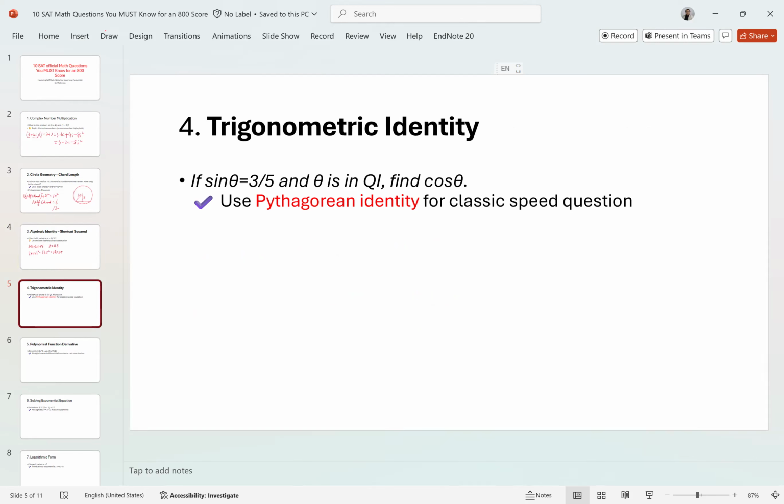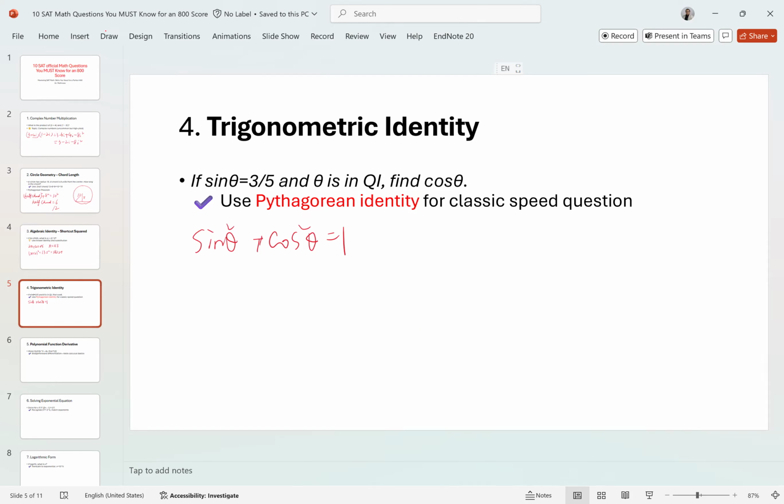And for the fourth question, which is related to the trigonometric identity: if sine theta is 3 divided by 5 and theta is in the first quadrant, then what's the value of cosine theta? So we would use a Pythagorean identity for the classic question like this, right? So we know the equation sine theta squared plus cosine theta squared equals 1 would always be satisfied for all the thetas.